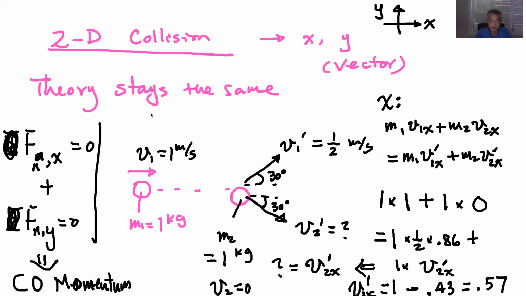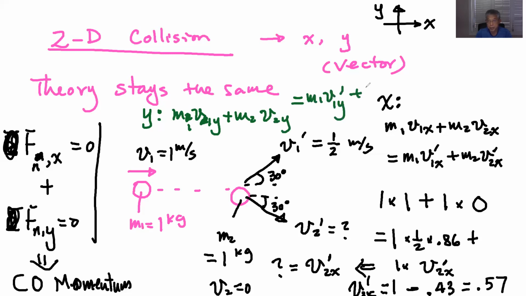And now let's look at the y direction. So in the y direction, you have m1 v1y plus m2 v2y. It's equal to m1 v1y prime plus m2 v2y prime. Okay? So let's plug in the values. So m1 is 1 and v1y is 0, right?